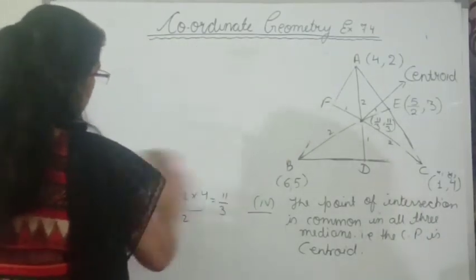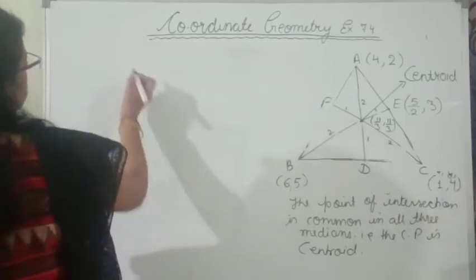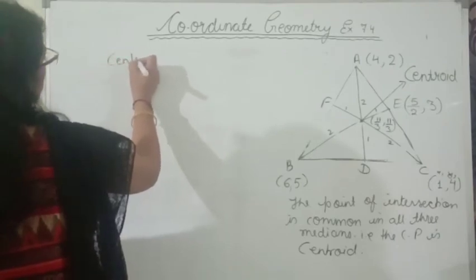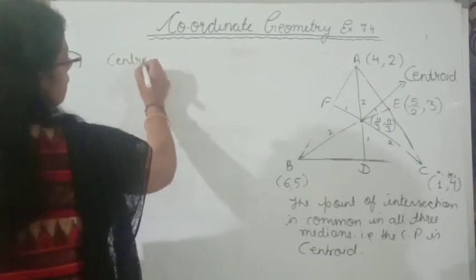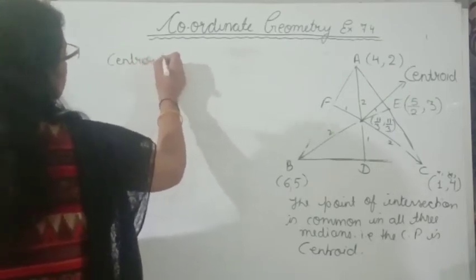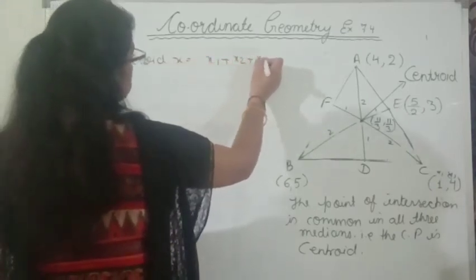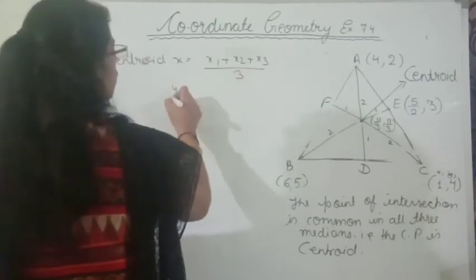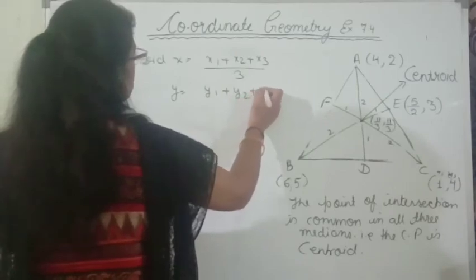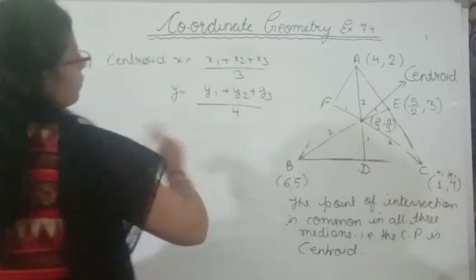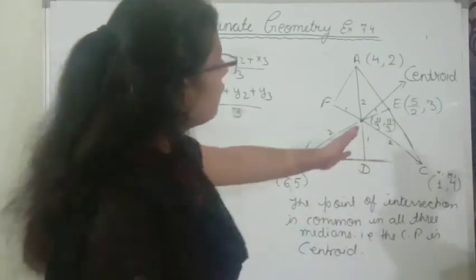I think you have done it in previous classes also. So for the x coordinate you will find x1 plus x2 plus x3 divided by 3, and the y coordinate of centroid is y1 plus y2 plus y3 divided by 3.